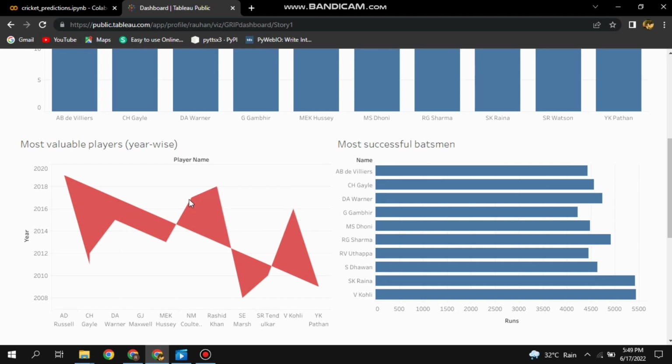So from this chart we could infer that we could take the players who were the most successful in the past 2-3 seasons. So AD Russell, Rashid Khan and NM Coulter-Nile can also be used to endorse that particular product.